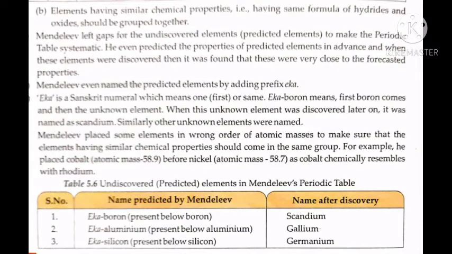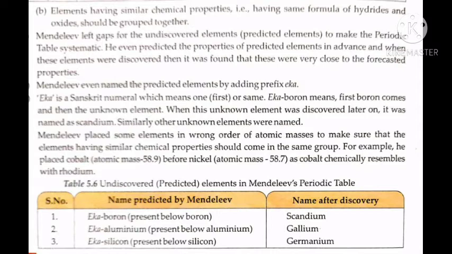He even predicted the properties of the undiscovered elements in advance, and when these elements were discovered, it was found that these were very close to the forecasted properties. Mendeleev even named the predicted elements by adding the prefix eka.